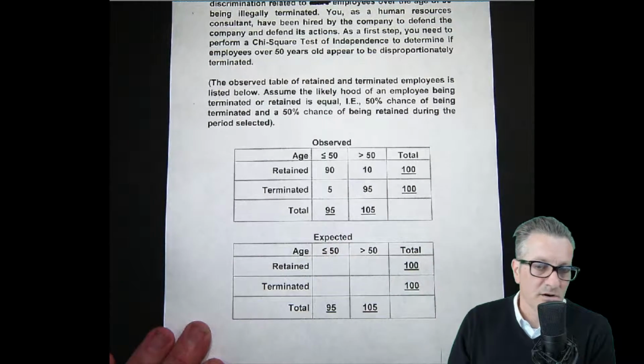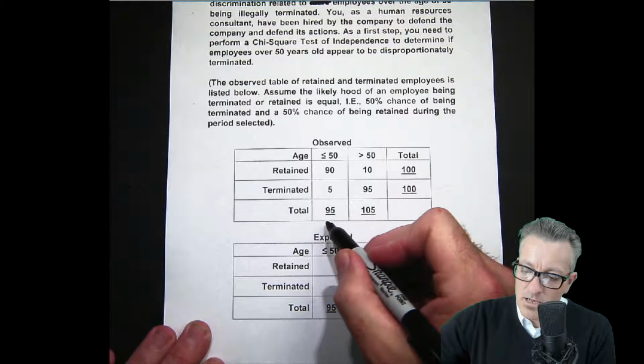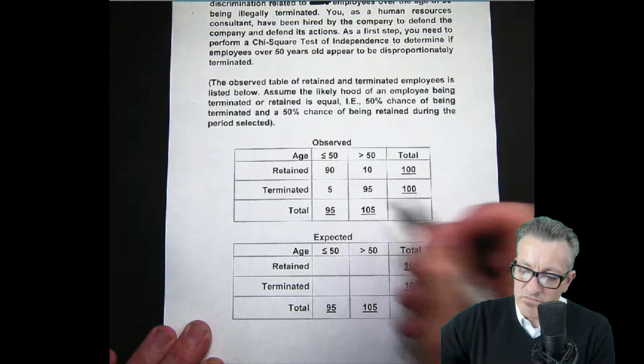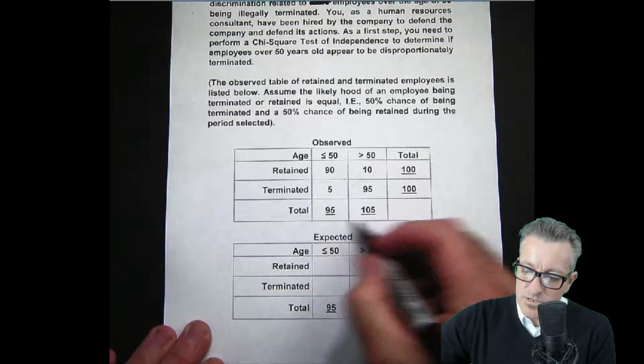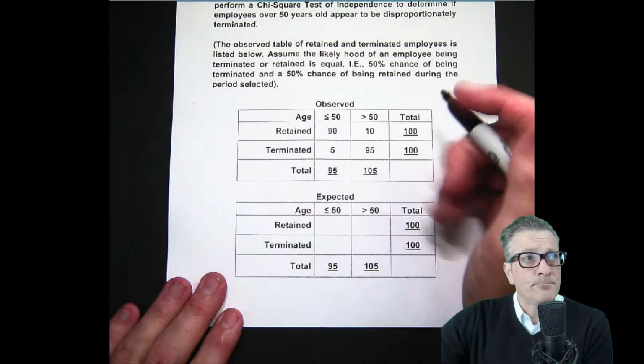Well, it's starting to look a little biased. And then we have the totals here. So there were 95 people that were under 50 and 105 that were over 50. So the totals are listed there. So for the expected, let's fill this in.